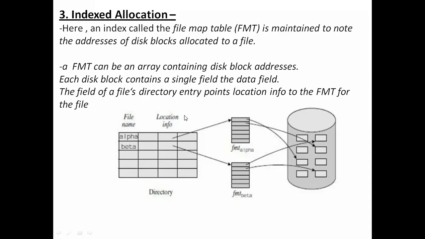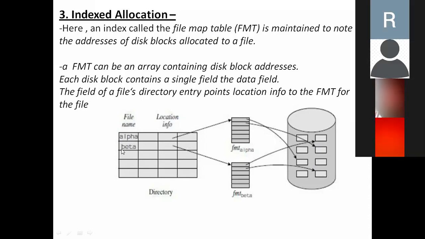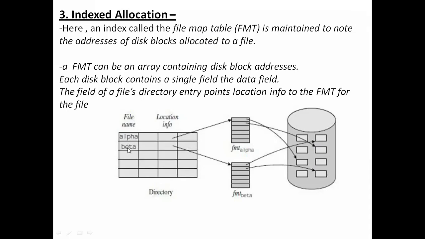In the figure you can see two files, right? You can have a file named alpha and a file named beta. Alpha and beta are the two files indicated in the directory. So we have the indication of file names alpha and beta as well as the location information.